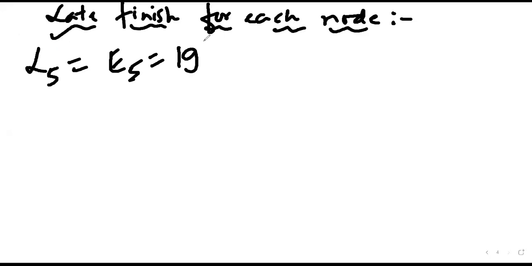Calculate L4. Okay, anyone wants me to go back to the previous screen?